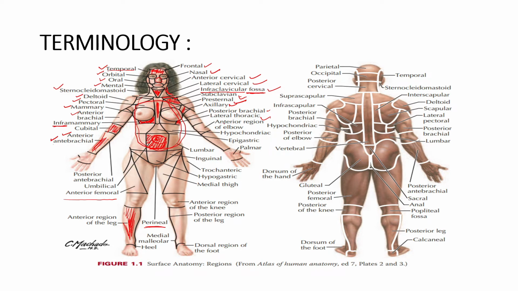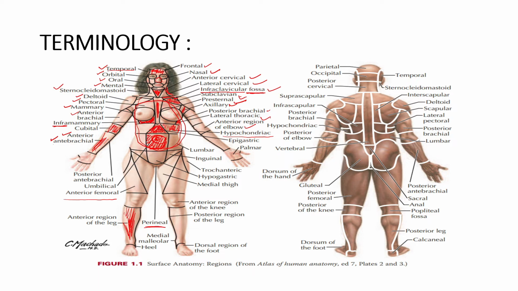Now anterior region of the elbow. Everybody knows what the elbow is. So this is the front portion of the elbow. Now this particular region is called hypochondriac. And this portion is called epigastric.